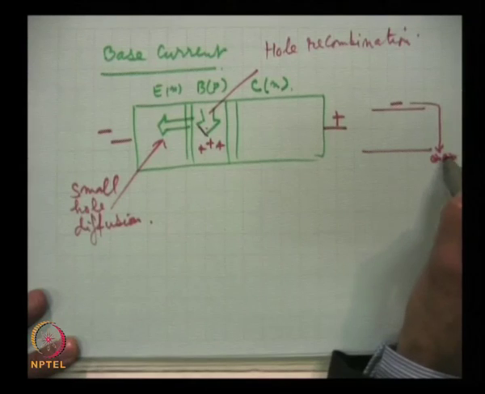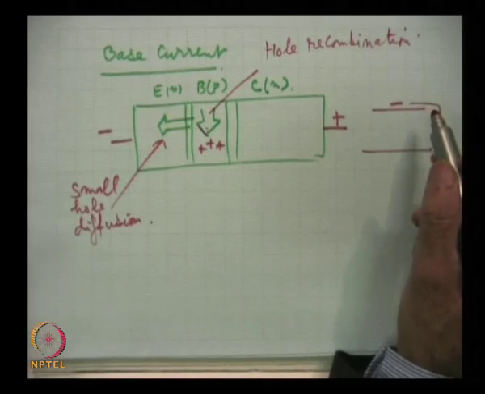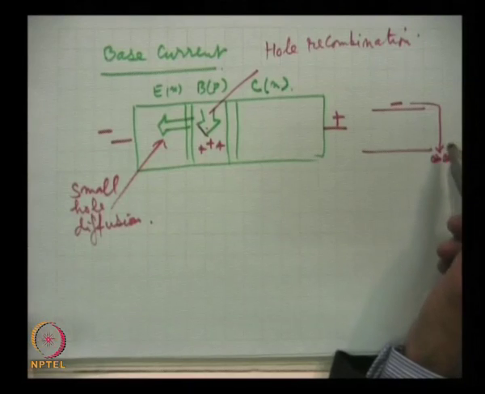So, these holes are again filled, and in recombination the electron-hole pairs disappear, in the sense that the electron is trapped here.